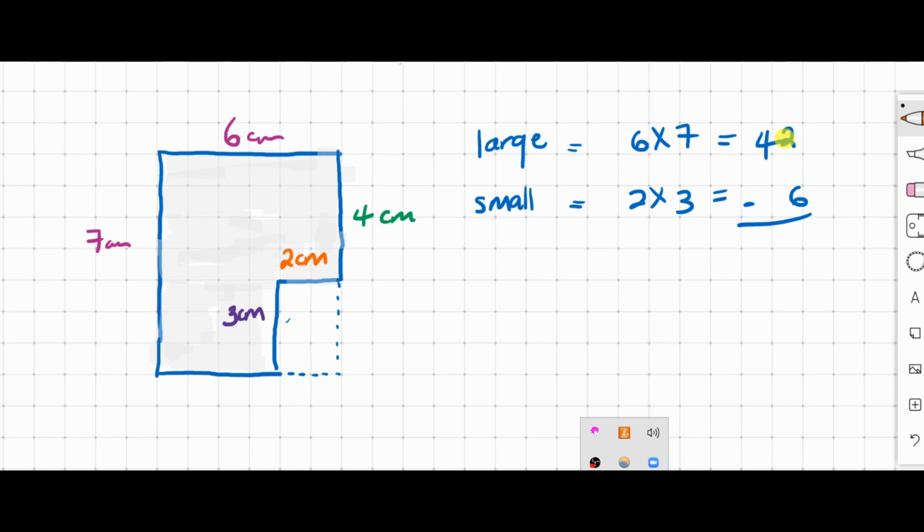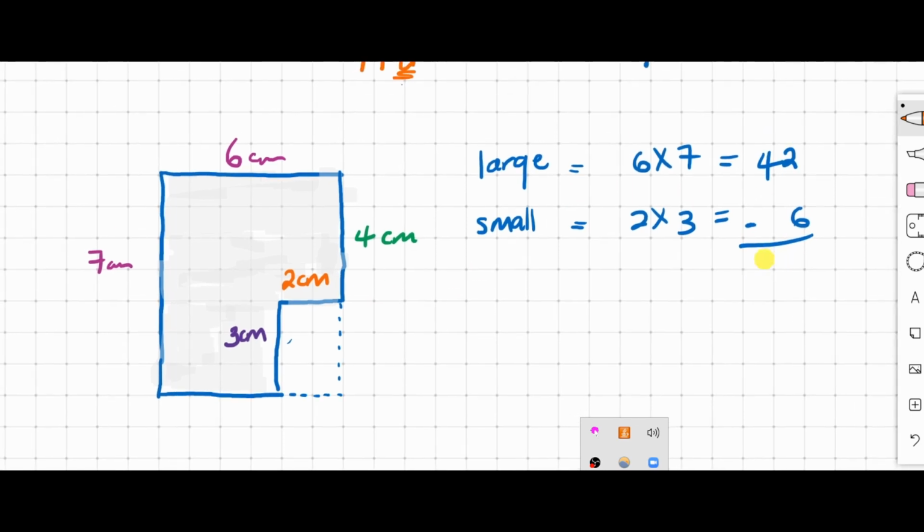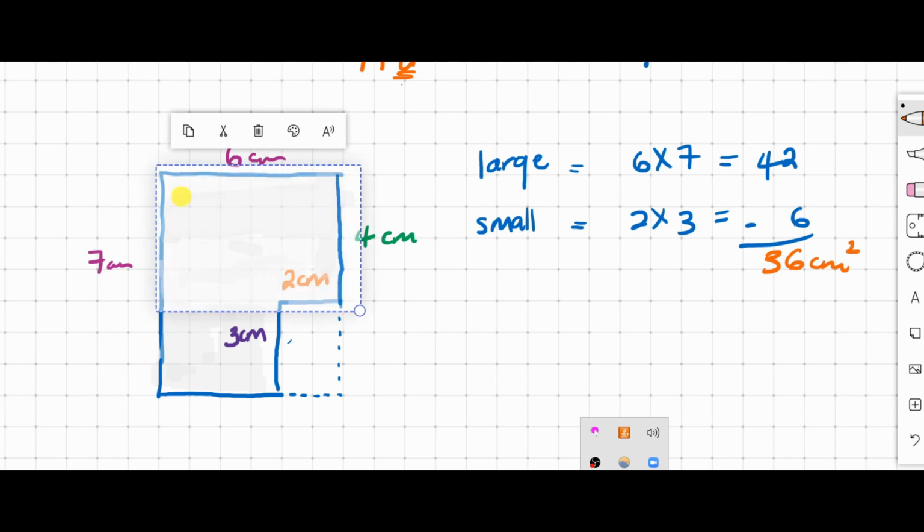So if we have that, then we have 42, and we're going to take away from the 42 the 6, and that would give us 36. All right, 36 centimeters squared. So let's come back to our shape now and see if that is correct. Let's go.